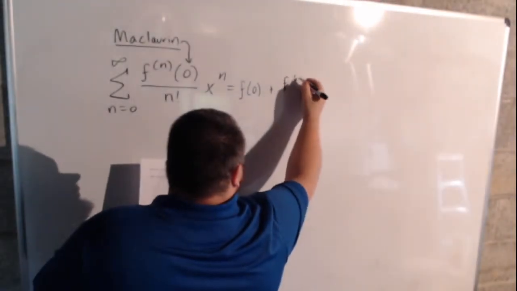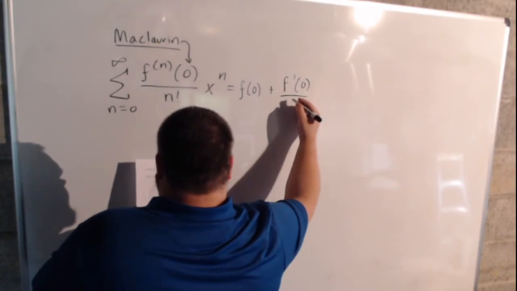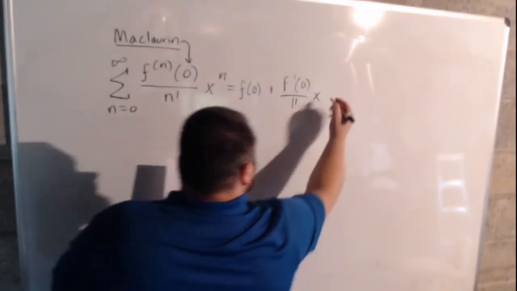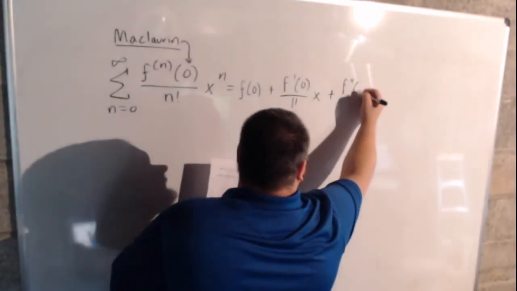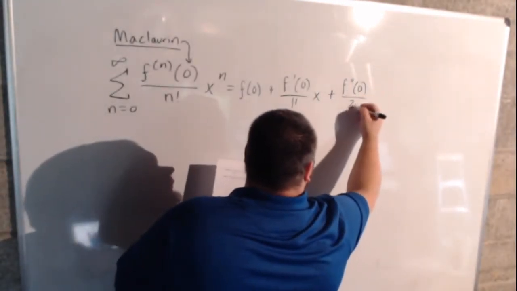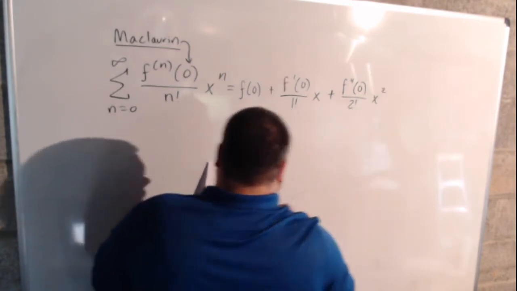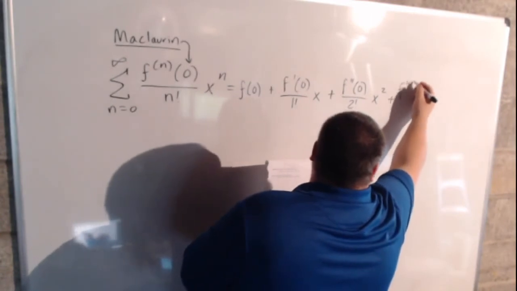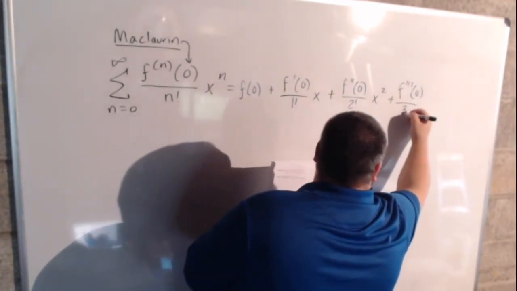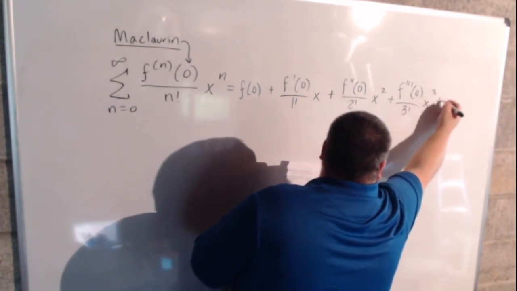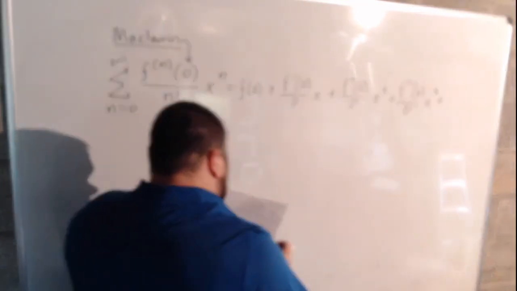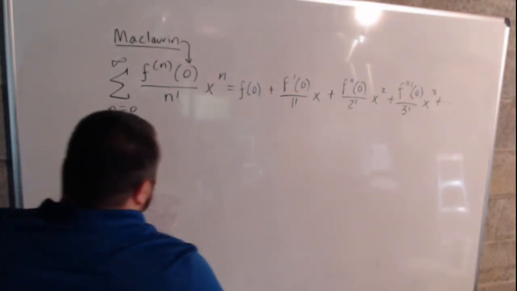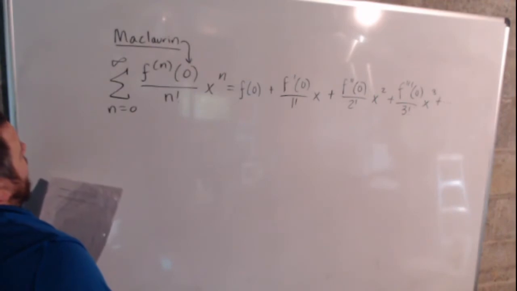Then we need f prime of 0 over 1 factorial times x to the first plus f double prime at 0 over 2 factorial x squared. And I'll write one more. It's f triple prime at 0 over 3 factorial times x cubed. So those are the first couple terms.